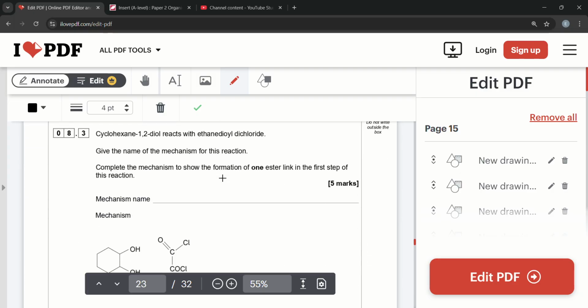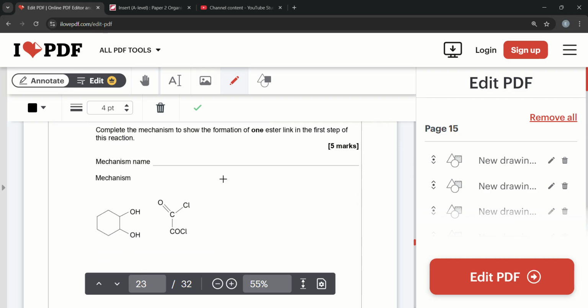And then 8.3, cyclohexane 1,2-diol reacts with ethane diol dichloride. Give the name of the mechanism for this reaction. It's going to be nucleophilic addition.